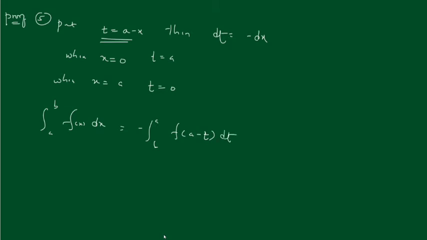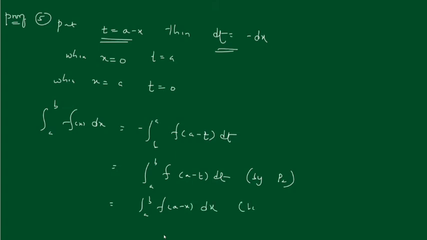The minus is outside, since dx equals minus dt. Now by changing the limits from a to b, the sign changes: f of a minus t dt by the second property, which is the integration from a to b of f of a minus x dx by property 1. So with this we have proved the fifth property also.